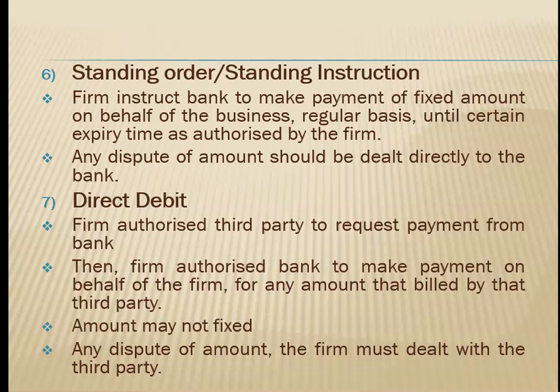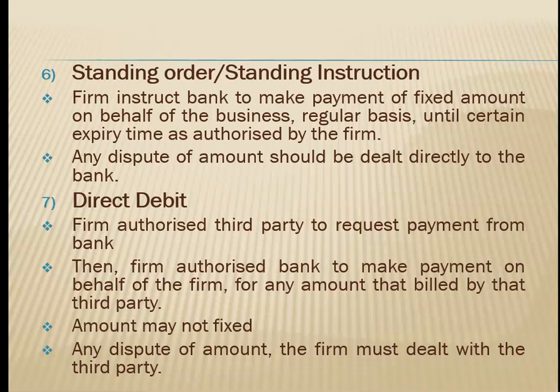So our third party, for example, Tenaga Nasional Berhad, will send an invoice to the bank, and since we already agreed to pay using the facility of direct debit, when the TNB sends the invoice, the bank will pay any amount requested by the TNB.